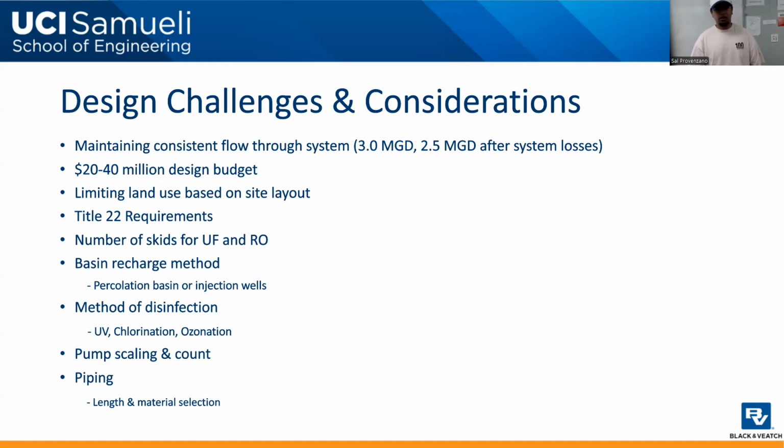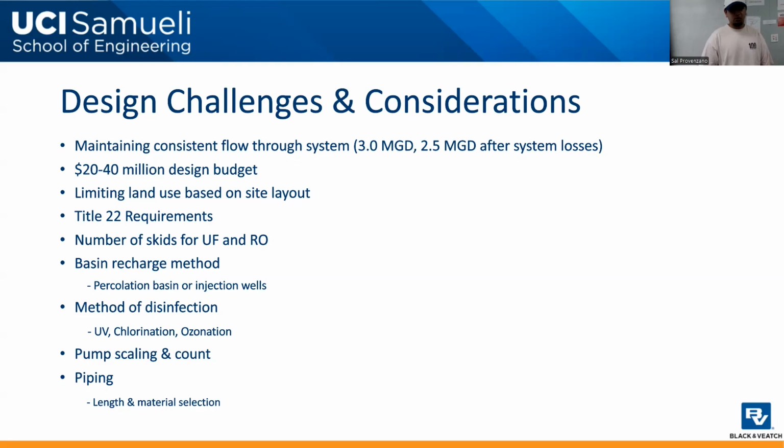We are also treating the secondary effluent to Title 22 standards. For our design, we considered a basin recharge method as well as injection wells, but we have decided to go with injection wells for our final design. For our method of disinfection, we had the option of choosing ultraviolet disinfection, chlorination, or ozonation. Our final design has chosen ultraviolet disinfection.